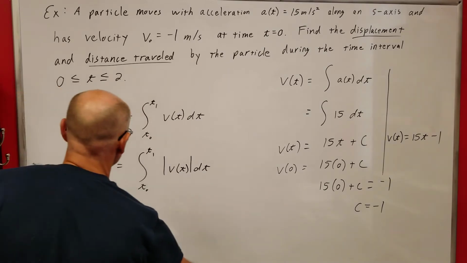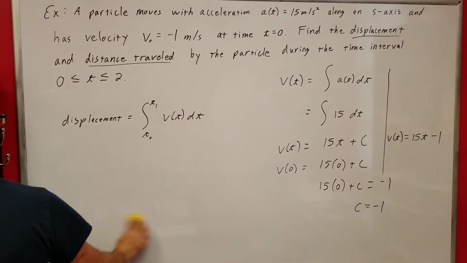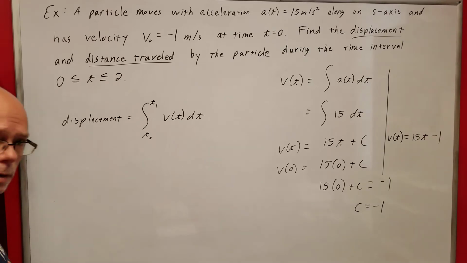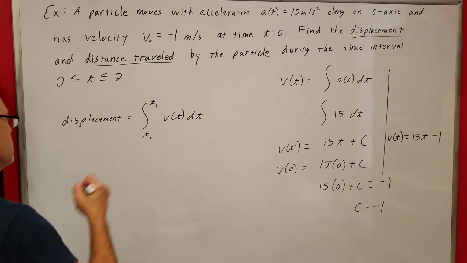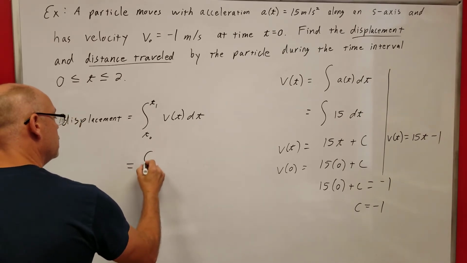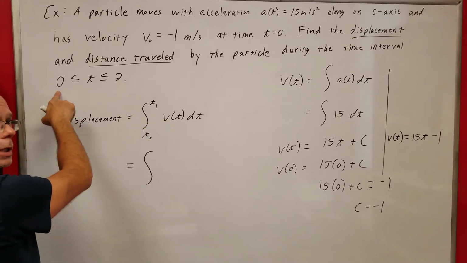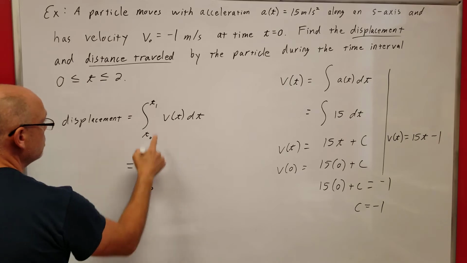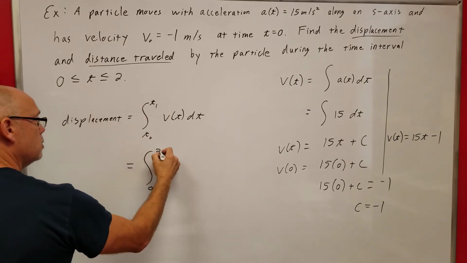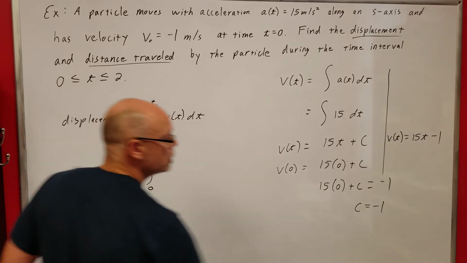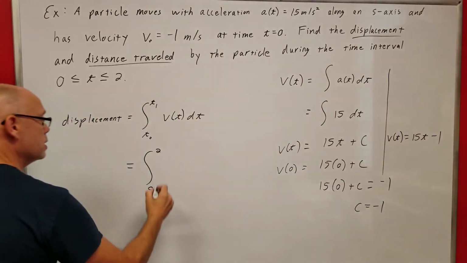Let's do so. So let's find my displacement here. My displacement is going to be the integral from what to what? What's my starting value of t? 0. What's my ending value of t? 2, of v of t, which we just found to be 15t minus 1.